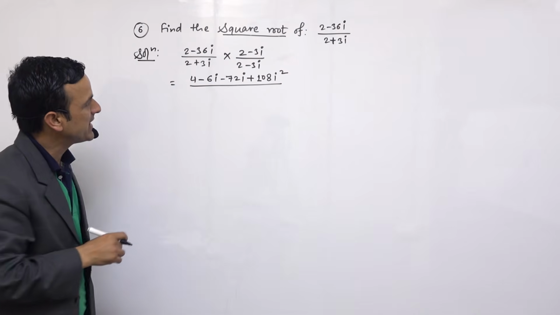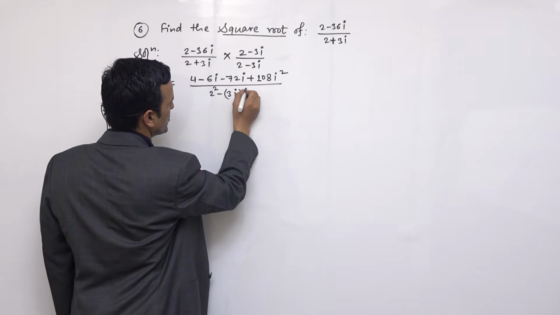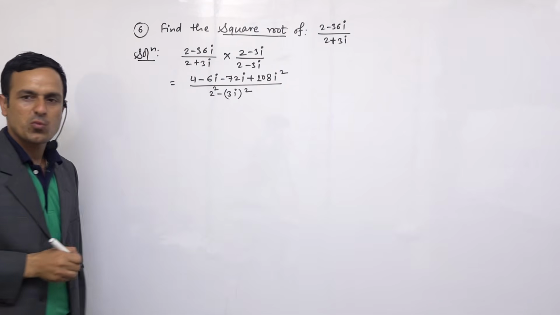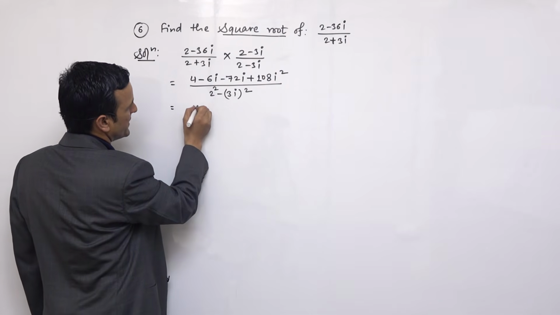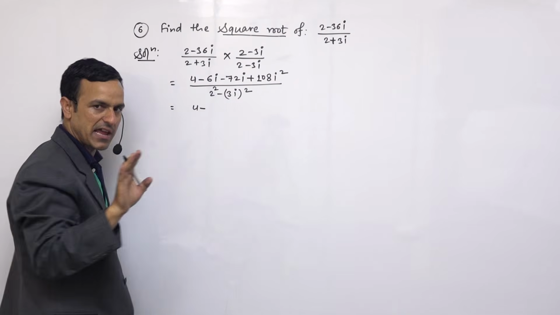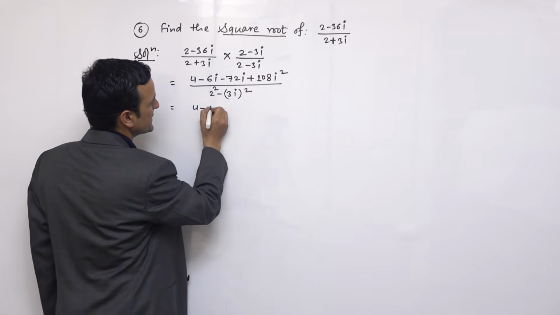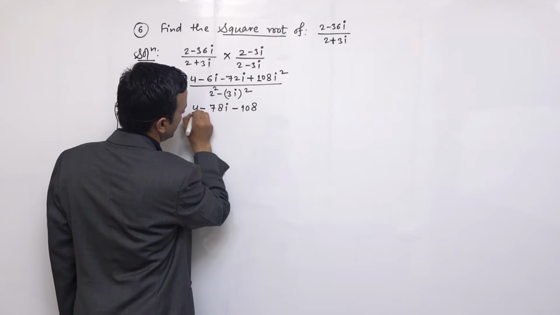3i. If we multiply, then it will be 2 square minus 3i power 2. A square minus b square. Now, if we solve it, then 4 minus 6i minus 72i means this and this. Like term, we can add together. 78i minus 100i.